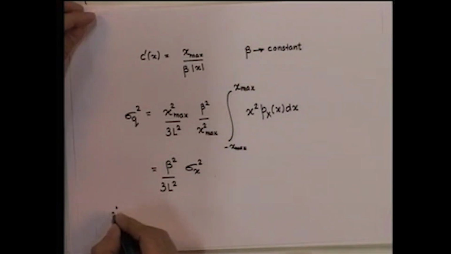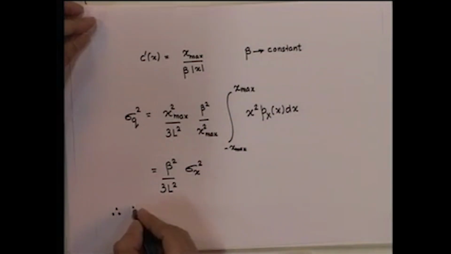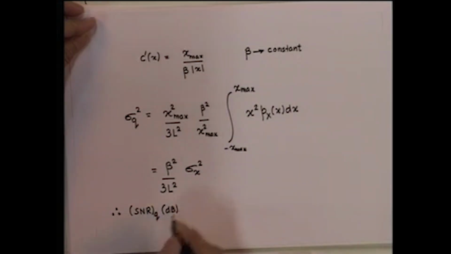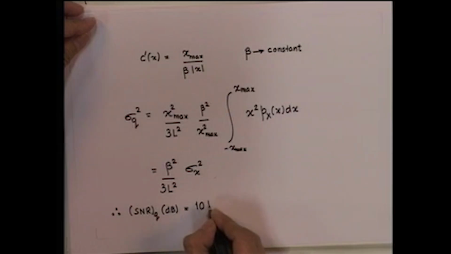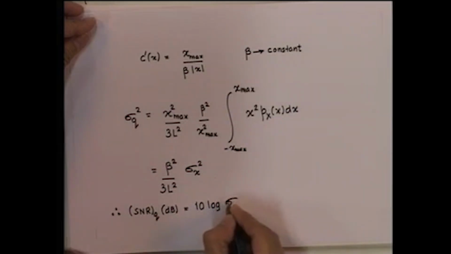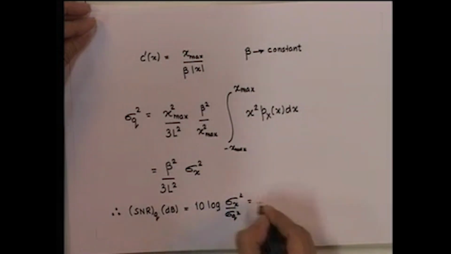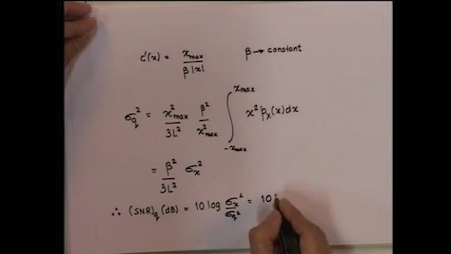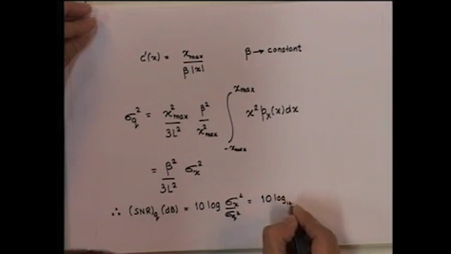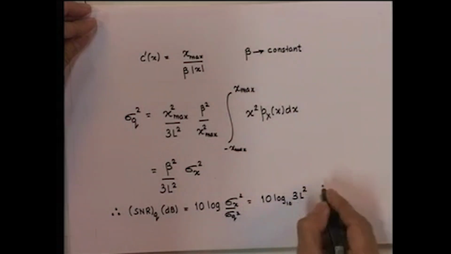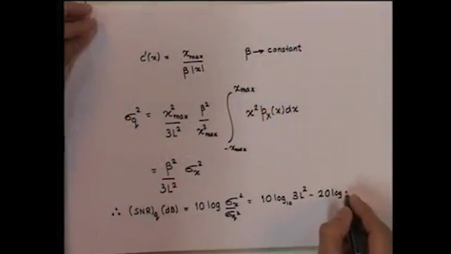Therefore, the signal to quantization noise ratio in dB will be equal to 10 log sigma x squared by sigma q squared, which is equal to 10 log 3 L squared minus 20 times log beta.